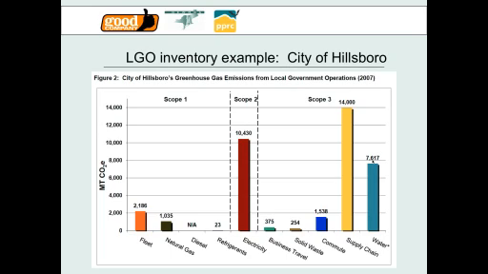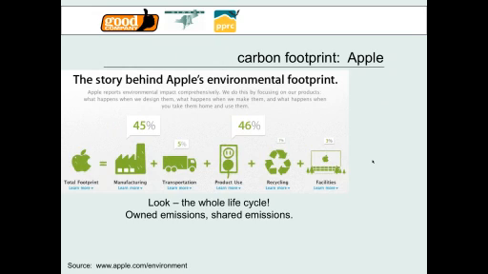These are emissions that are shared between the organization making the purchases, hiring people and employing them, but those emissions are not totally under the control of the government. So notice how this shows a bunch of different emission sources, but also these emission sources are things that you might feel slightly differently about, and you want to understand that.